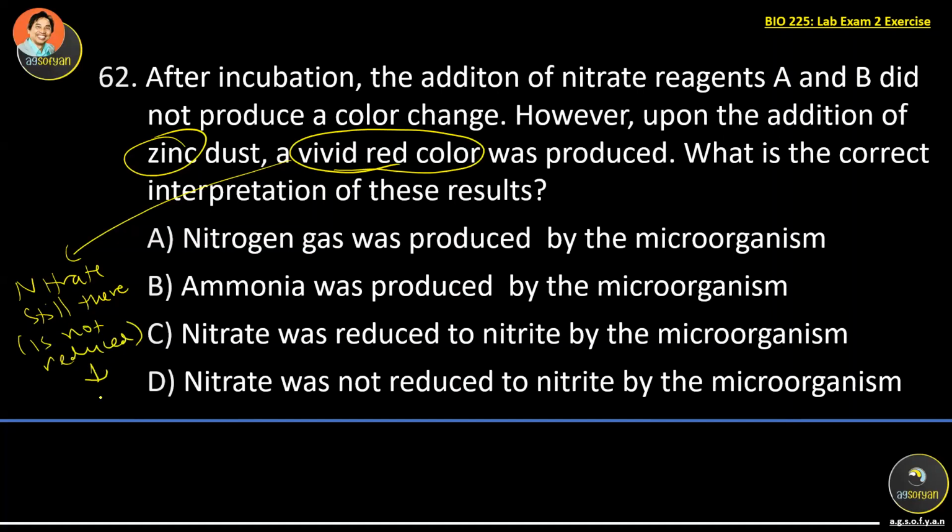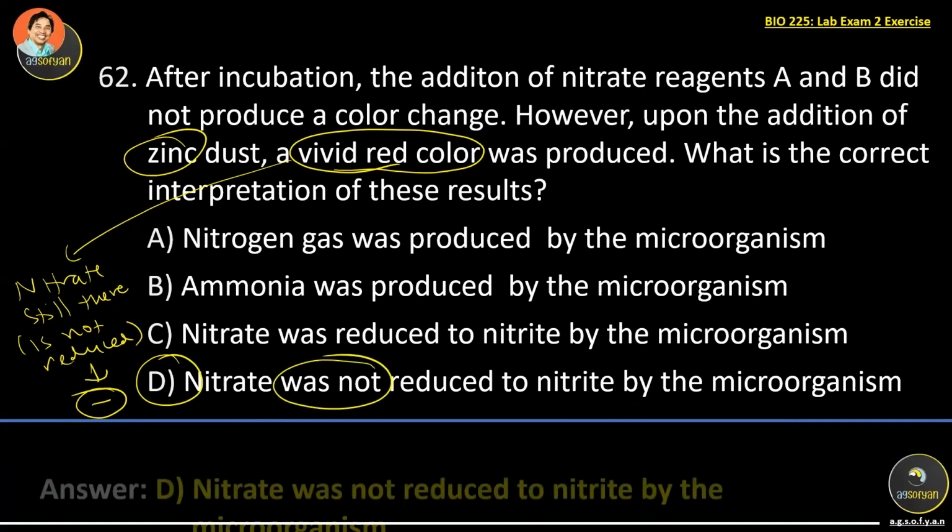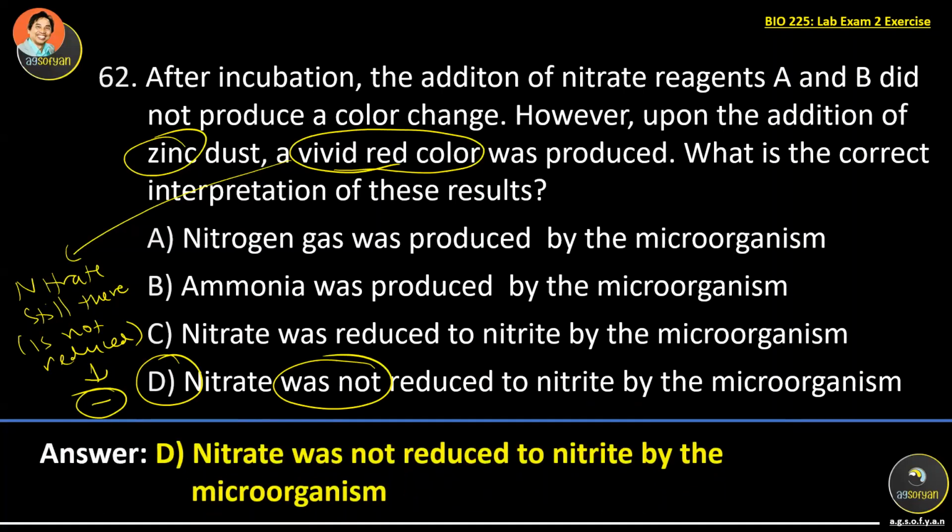It means it is negative. So nitrate was not reduced by the microorganisms.